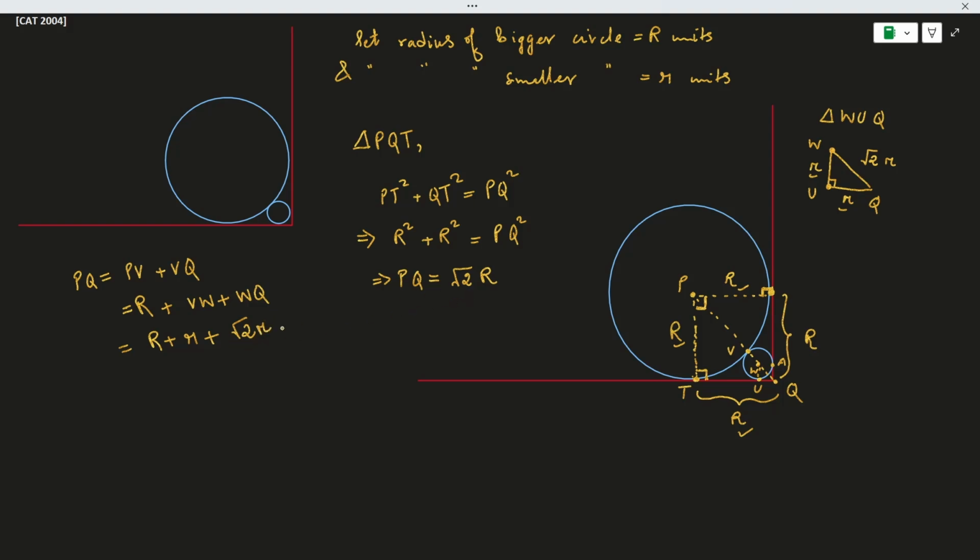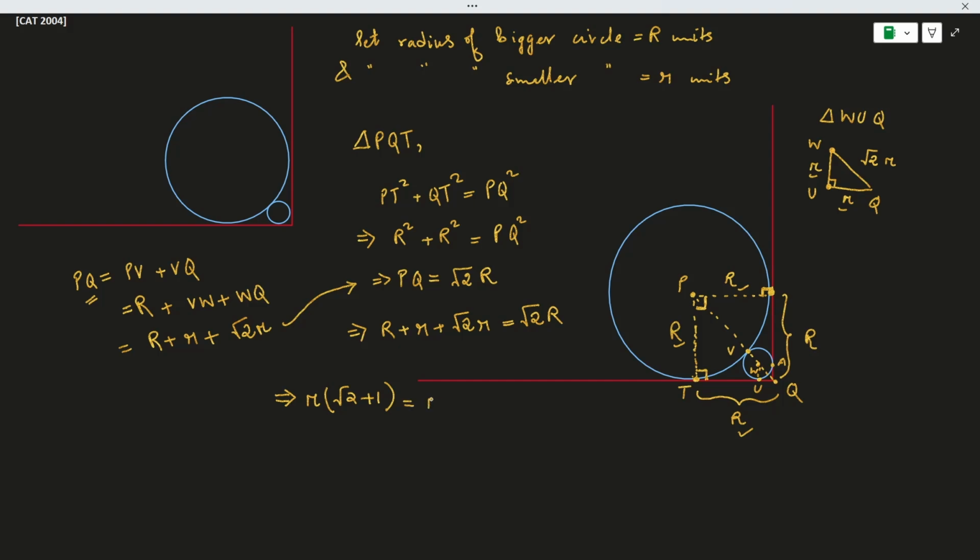and this is PQ, right? So I'll just substitute the value of PQ here. I have expressed PQ in terms of capital R, and in second equation I have expressed PQ in terms of smaller and capital R both. So I can say capital R plus small r plus root 2 times small r is equal to root 2 times capital R. This means if I take small r common, it will be root 2 plus 1.